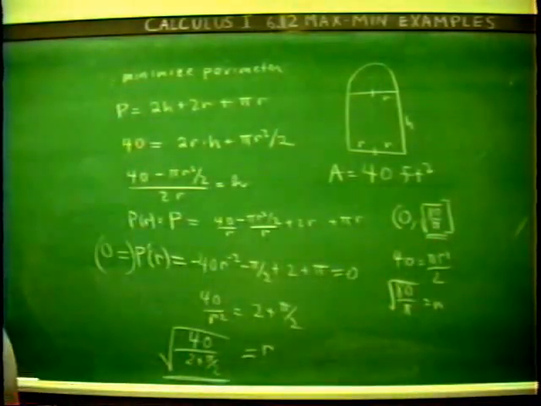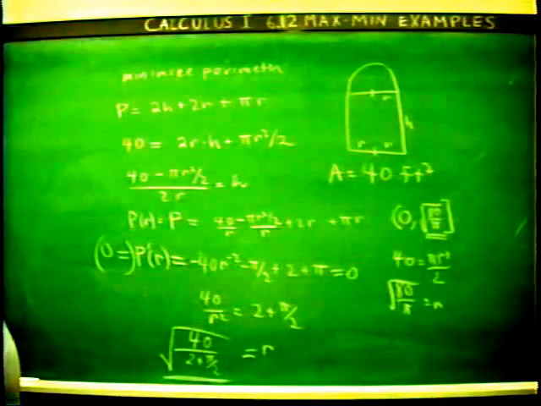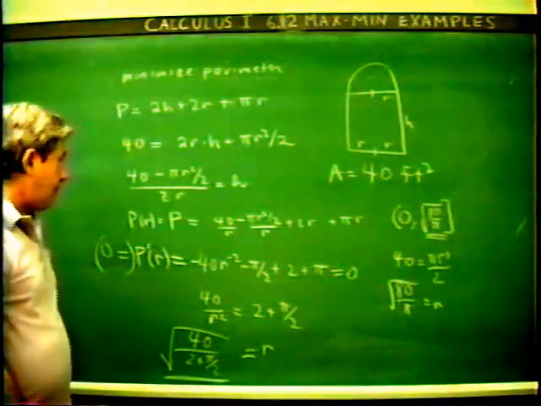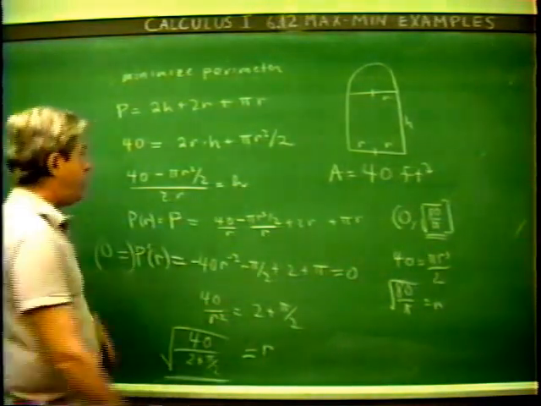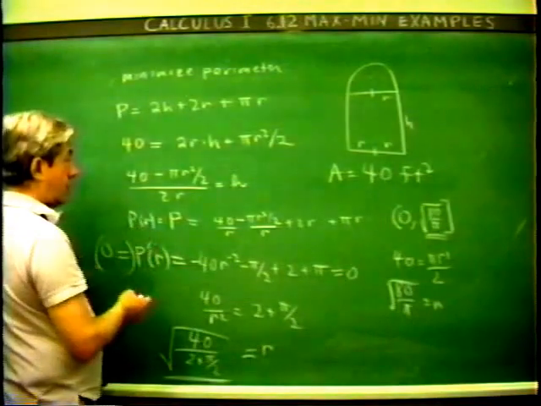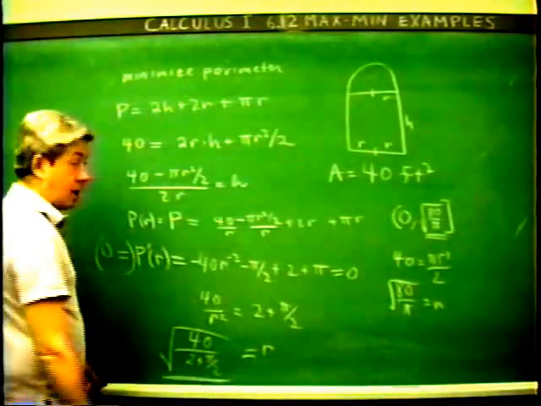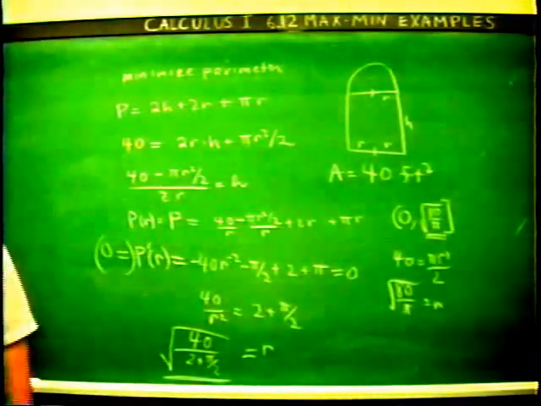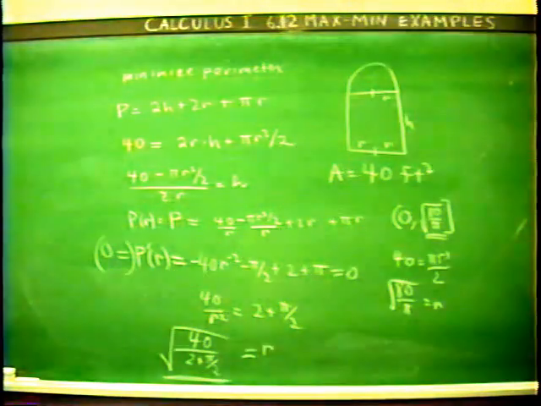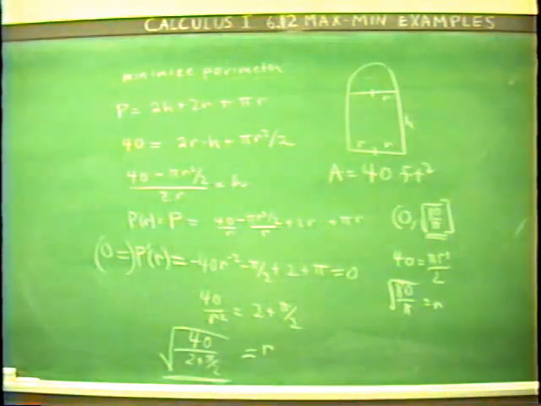So here are 2 points to check, this one and this one, to determine where the minimum perimeter occurs. Whichever of these 2 points gives the smallest value of P, that's the minimum.